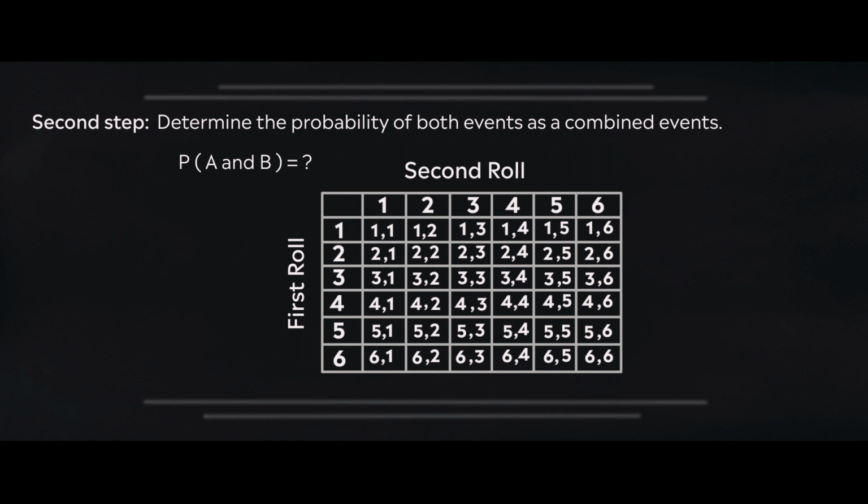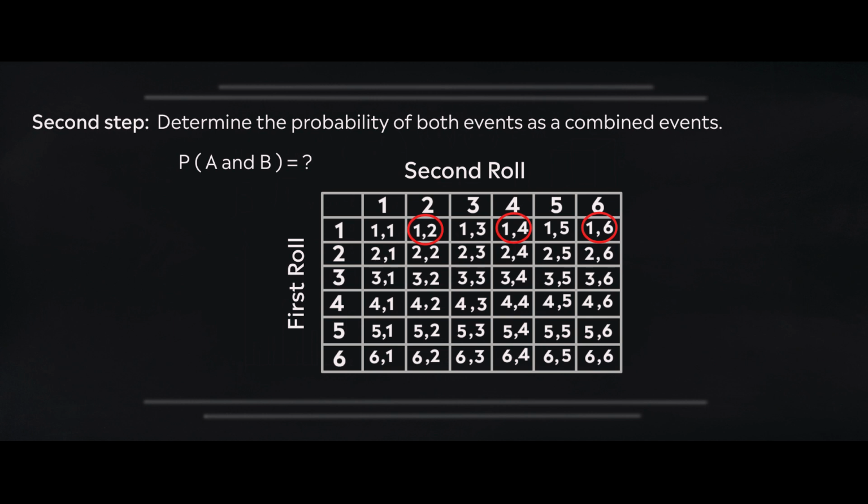We are looking for getting 1 in the first roll and an even number in the second roll. So how many favorable outcomes can you see on the chart? 1 in the first roll and even in the second roll. Here's another one, and another one. So these are the favorable outcomes.